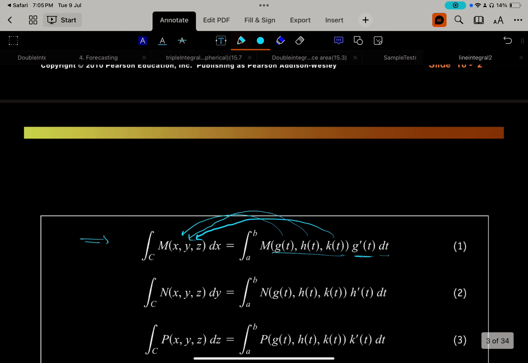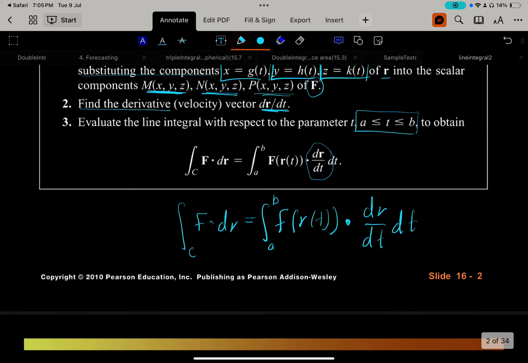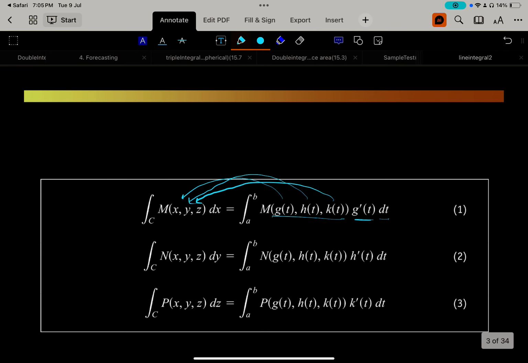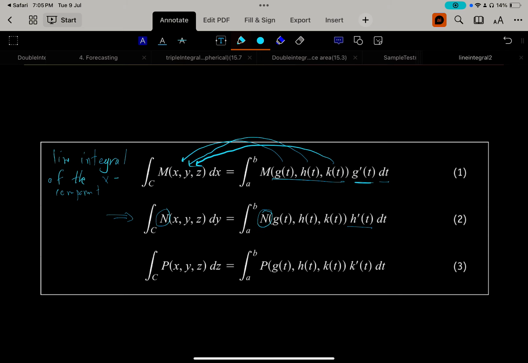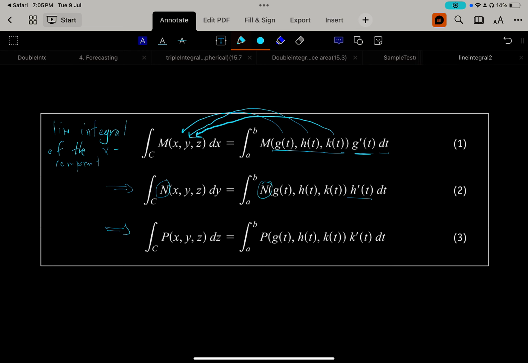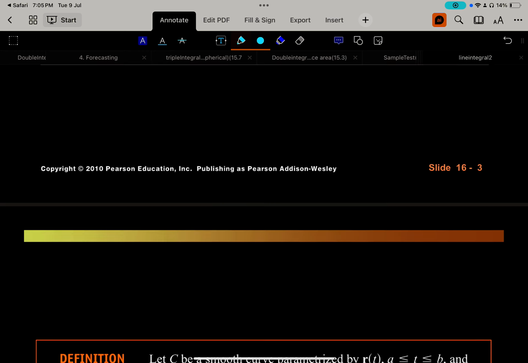So that's basically our x component of F. Okay, so that is the line integral of the x component. And here we'll have the line integral for the y component, which is basically the same. We're going to substitute, but this time in the y component of F, that's basically h prime of t. The same for the z component. And that's basically how we evaluate the line integral for different components.